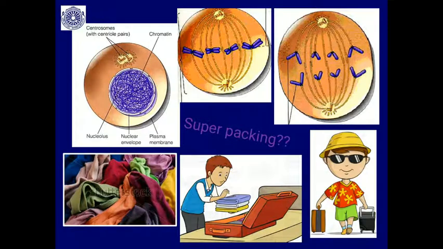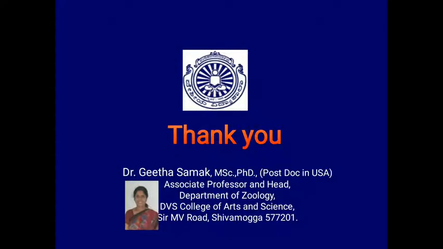I have shown this cartoon already. From interphase to metaphase you will find 6 levels of coiling or packaging, which will help proper distribution of these chromosomes during anaphasic movement. Thank you.